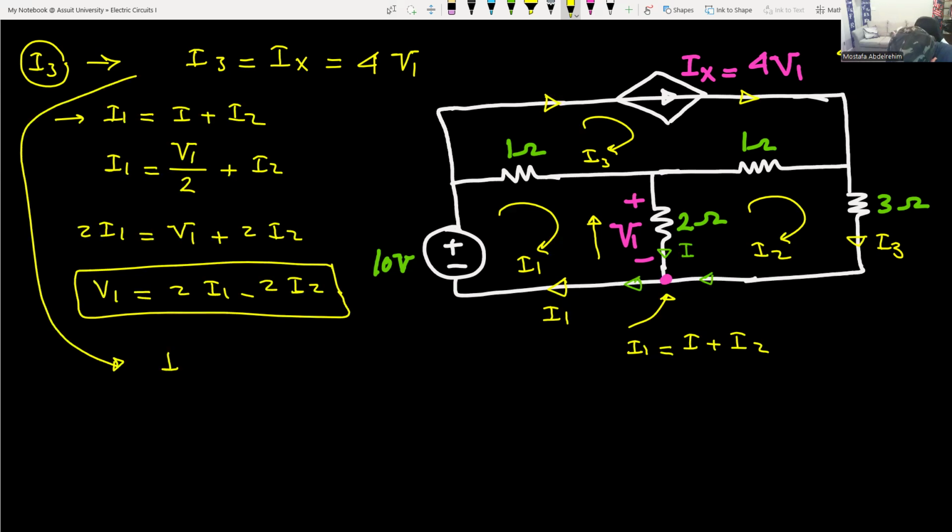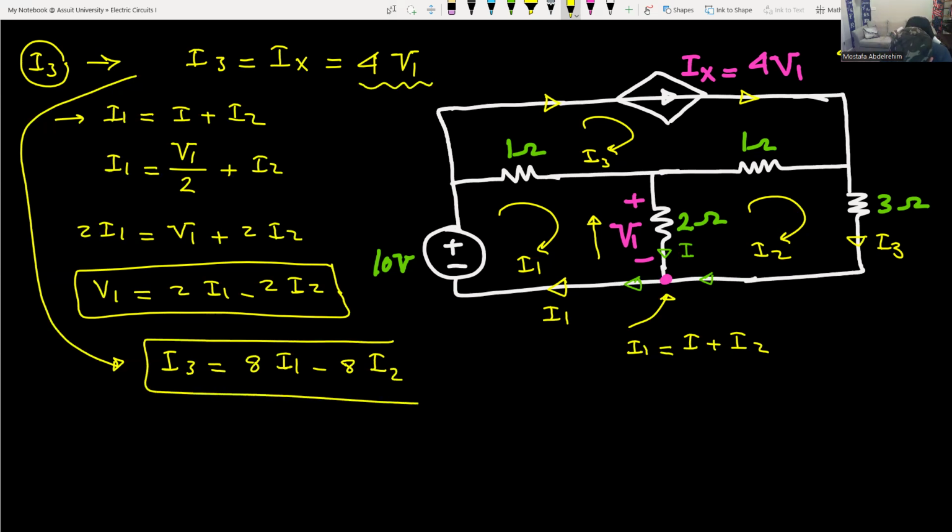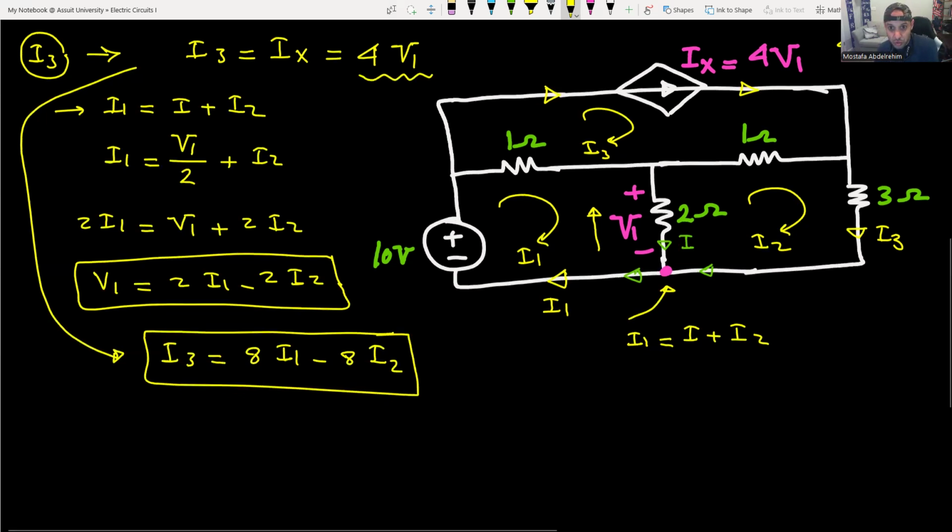So I3, which is equal to 4V1, will be equal to 8I1 minus 8I2, or basically 4 multiplied by (2I1 minus 2I2). So just distribute the 4 on the 2's. So 4 by 2 is 8, 4 by 2 is 8. So 8I1 minus 8I2. Good. So that's the equation that the current source will provide for us.